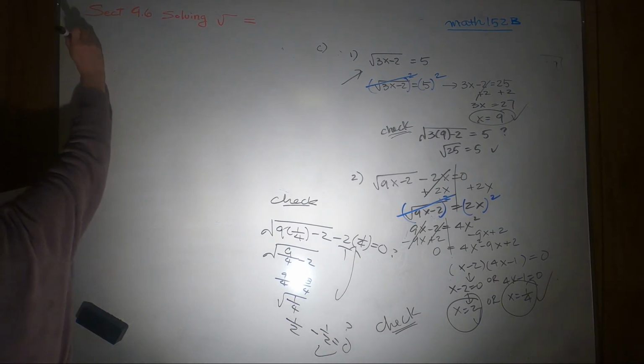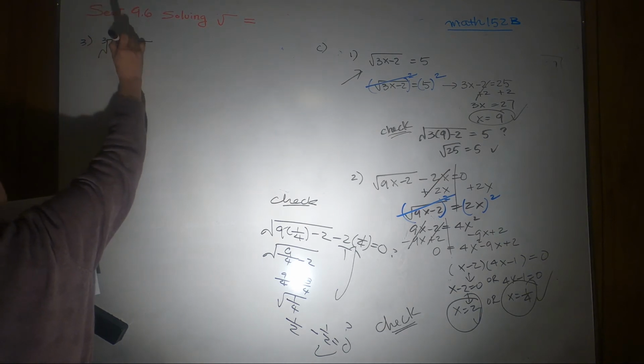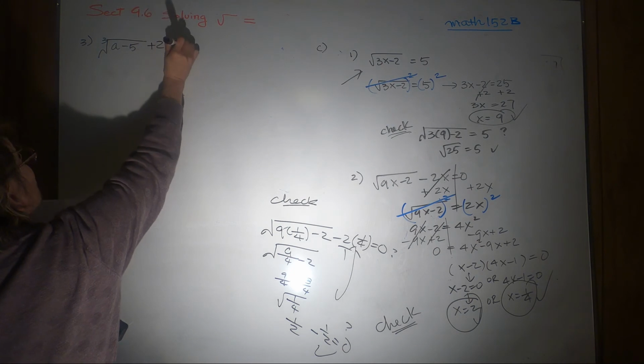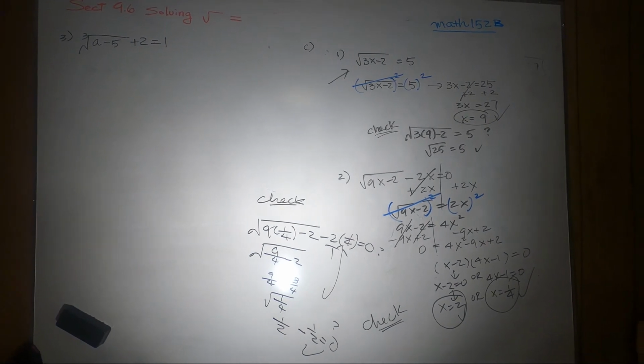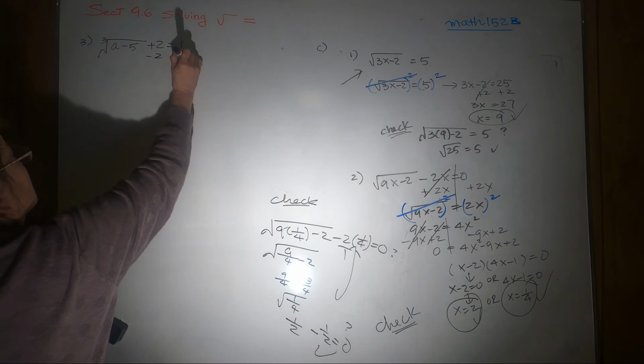Okay? So, then this one, cube root of a minus 5 plus 2 equals 1. Right? So instead of square root, we are doing a cube root. But you do the same way. So how should we start? Get the radical by itself, right?